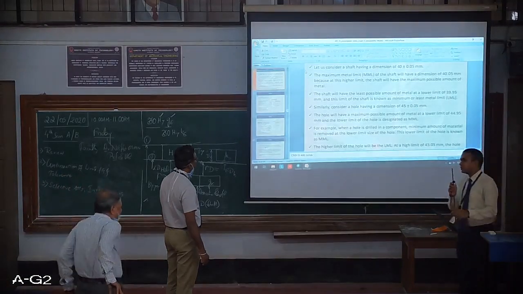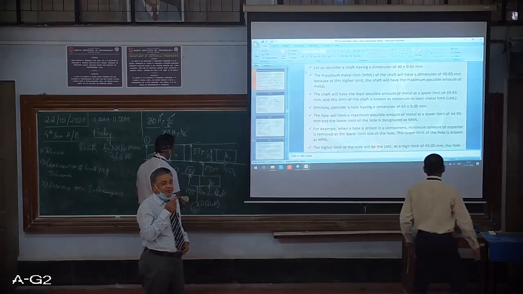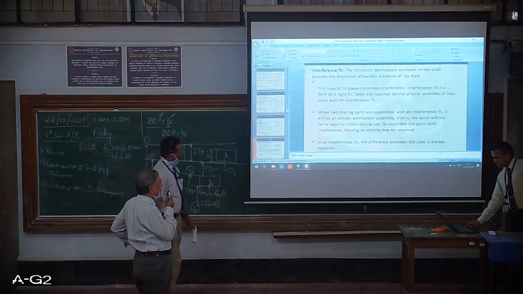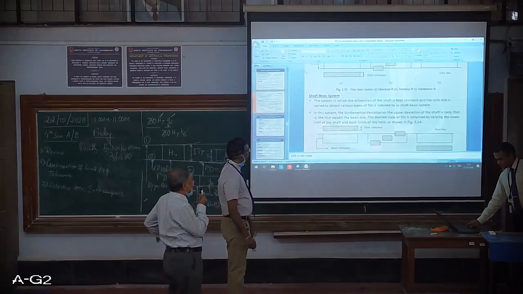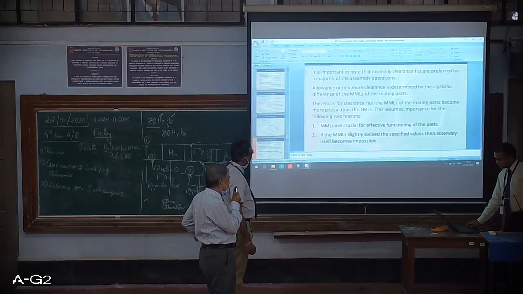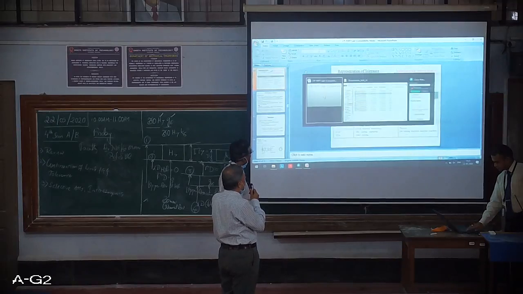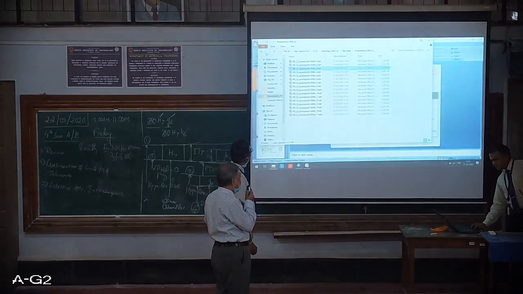Chitnis sir has some tips. As far as fundamental deviation is concerned, for the H shaft and H hole it is 0. But for any given shaft and hole, the fundamental deviation is numerically the same, only in the opposite direction. If it is positive for the hole, it is negative for the shaft.